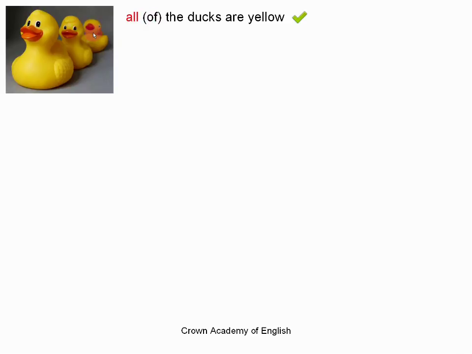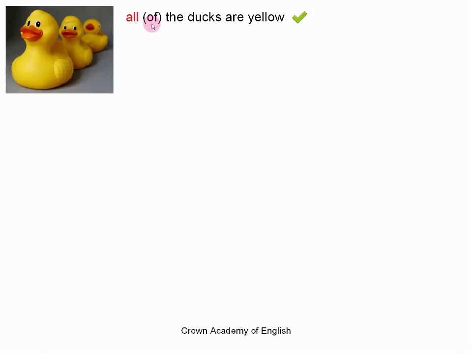The word of is inside brackets because the word of is optional. So we can either say all the ducks are yellow or all of the ducks are yellow. It's the same.